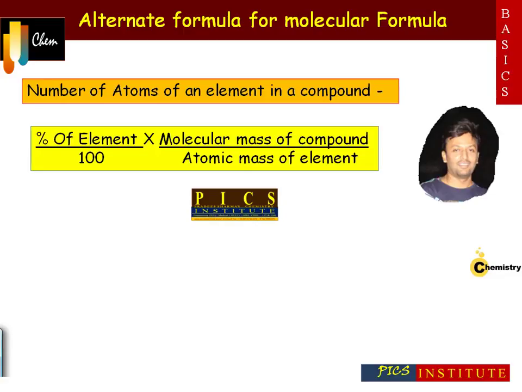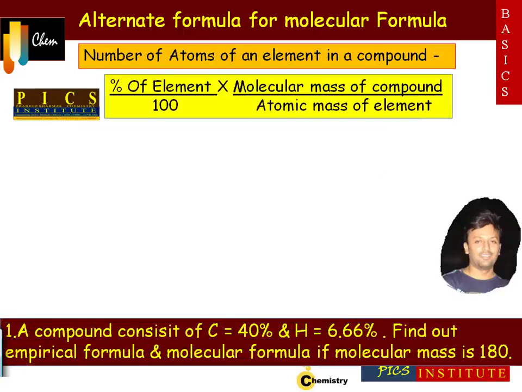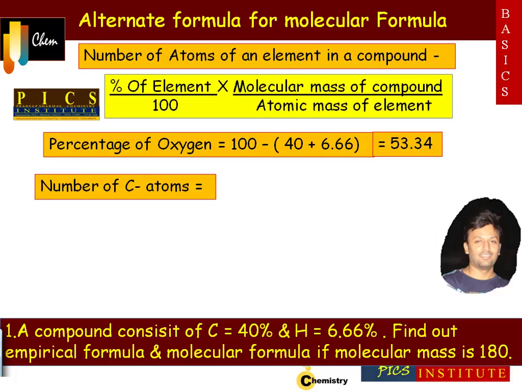Now let's check through one example. The example is the same which we used in the previous method. So we can understand the sum of percentage is below 100. It means there is a third element, that is oxygen, and its percentage will be 53.34. First of all, find out number of carbon atoms.